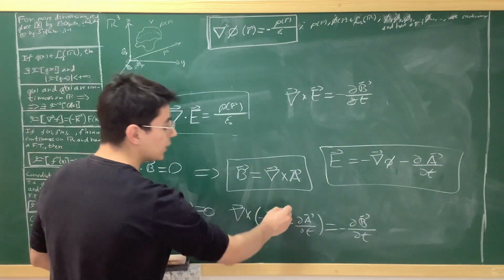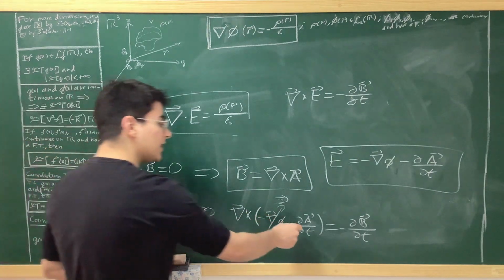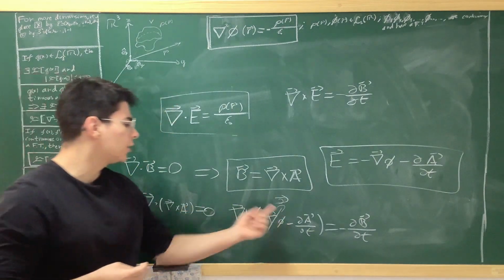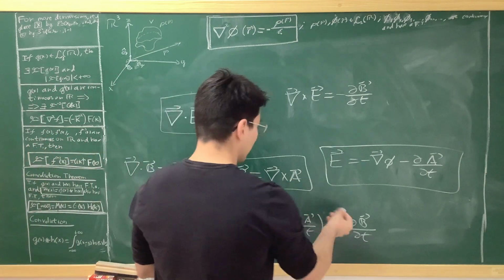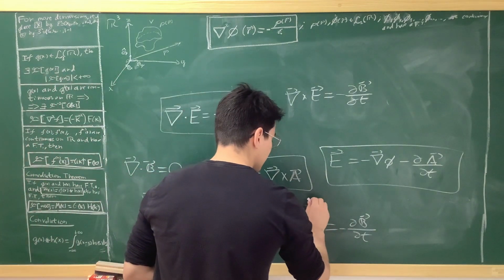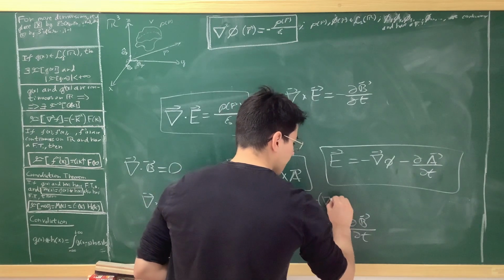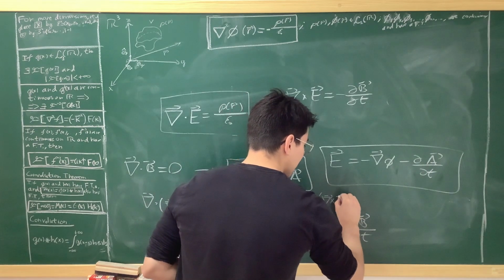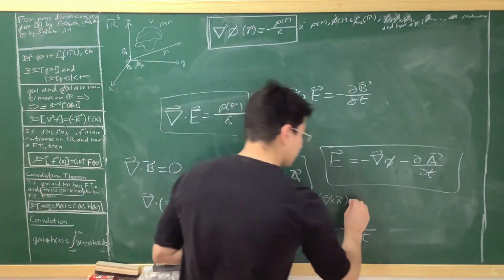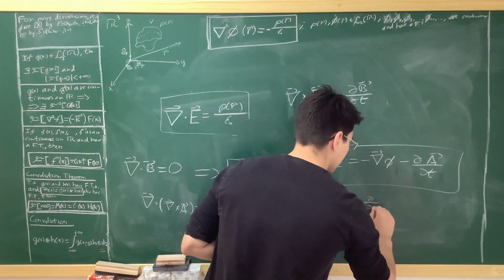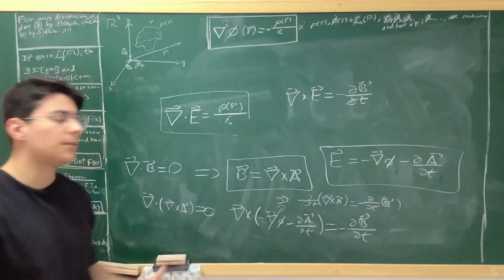Because the curl of any gradient is always zero, and for the curl of this, assuming that we can take the partial derivative out of here and interchange the order, we get that this is just minus the derivative of the curl of A. And as we said, the curl of A is just B. So this would be minus the derivative of B. Okay, so we have the same equality.